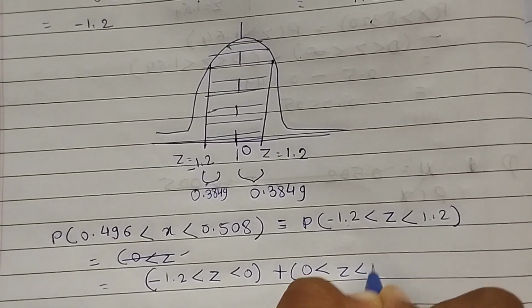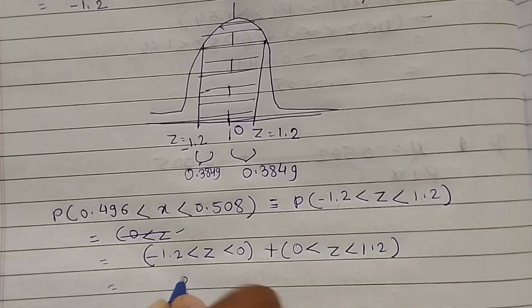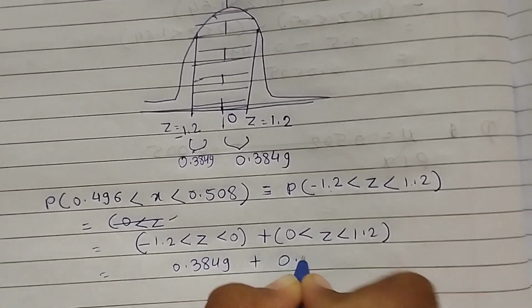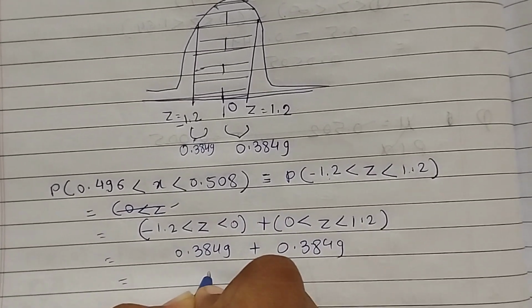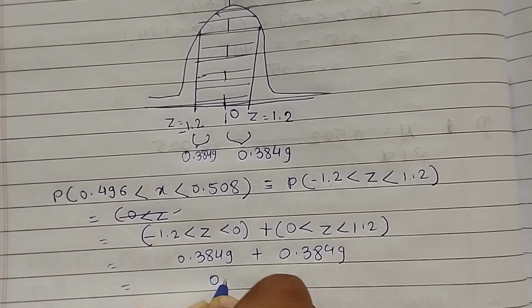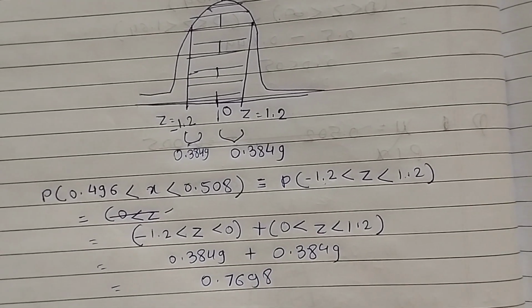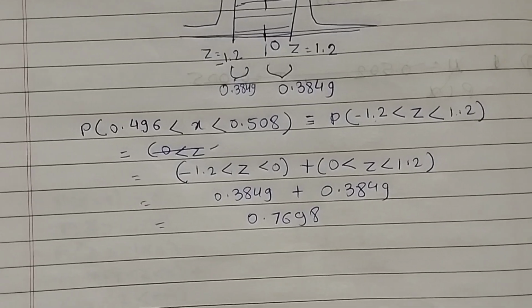The half portion is 0.3849, plus the other half portion is 0.3849. We get the total area, which is 0.7698. I hope you all get an idea now of how we find the area.